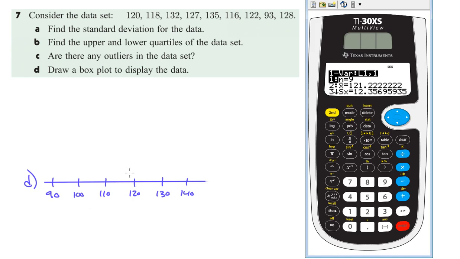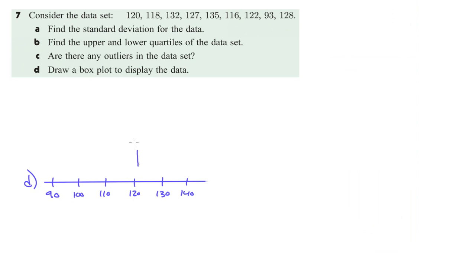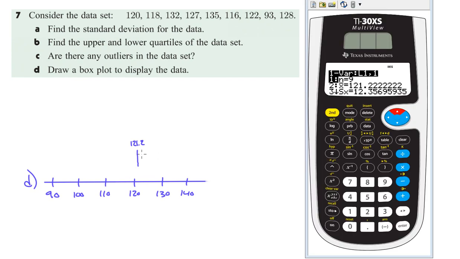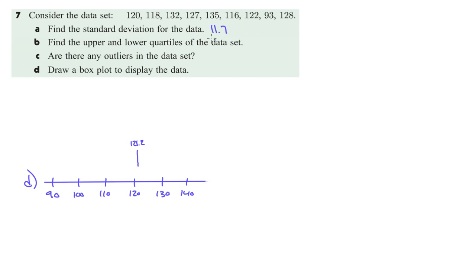So 121 is our median, so we'll go right here, and I like to write what our median is. Let's find our other important stuff. There's our little sigma, which stands for standard deviation, so 11.65. We'll call that 11.7 is our standard deviation.